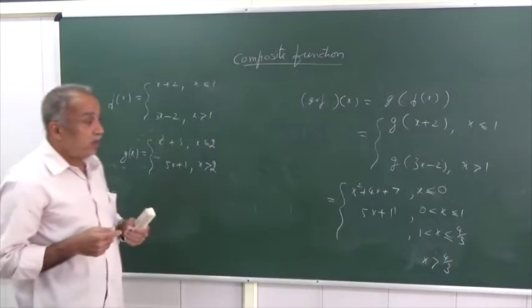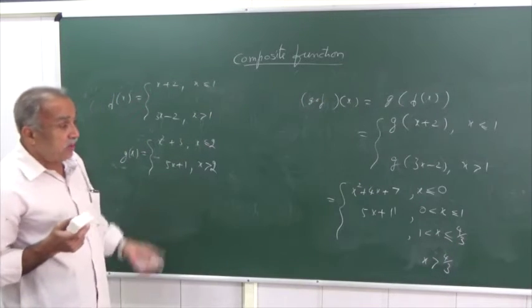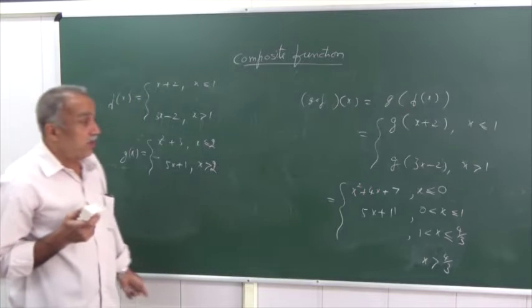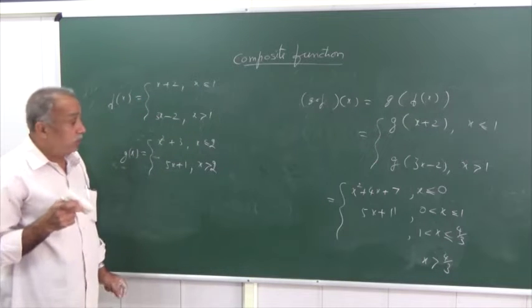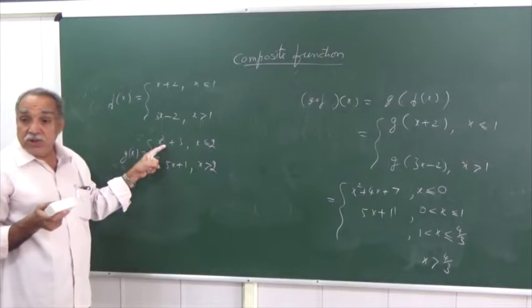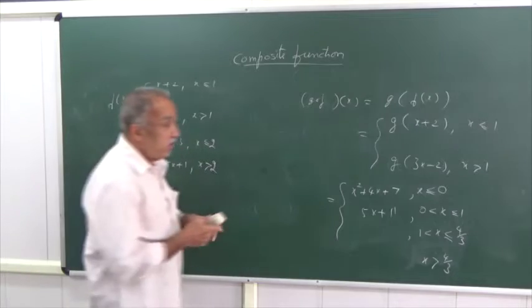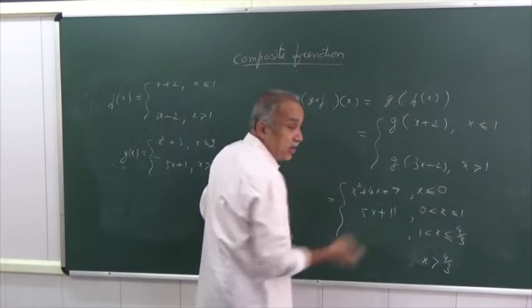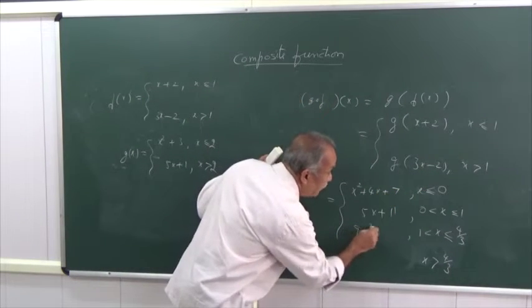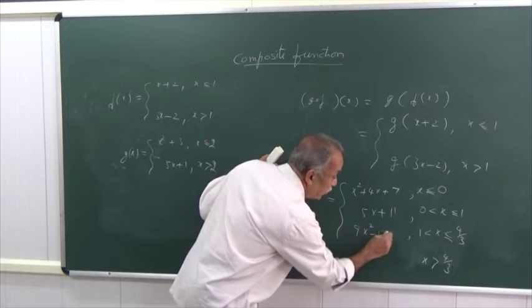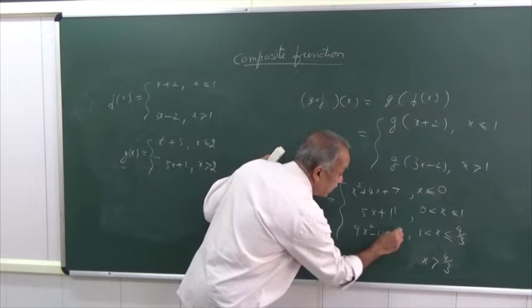X is between 1 and 4 by 3, 3x is between 3 and 4, 3x minus 2 is between 1 and 2. This is the formula: square of the argument plus 3. Square of the argument plus 3. 9x square minus 12x plus 4 plus 3, 7.